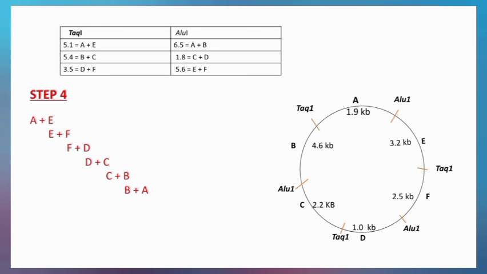And lastly, we are going to get our 2.2 kilobase and then 4.6 kilobase here to also be a single digestion by our Tag1 enzyme. So that is why the Tag1 enzyme was placed at these particular vantage points, and then the remaining points will be for the AluI. That is how everything is going to be.